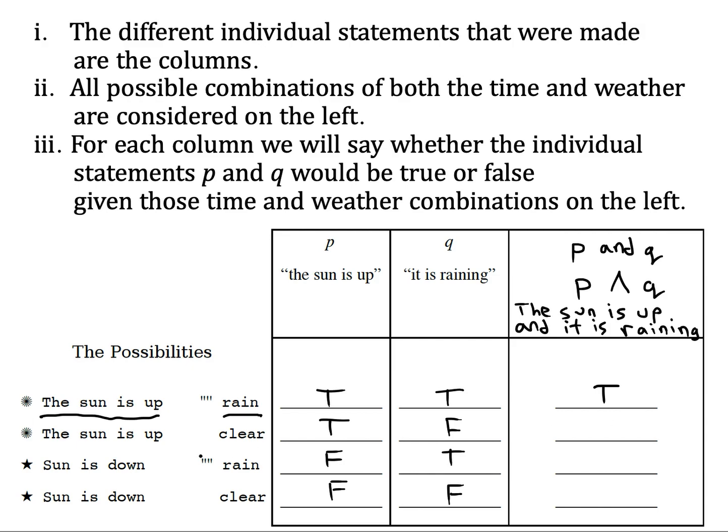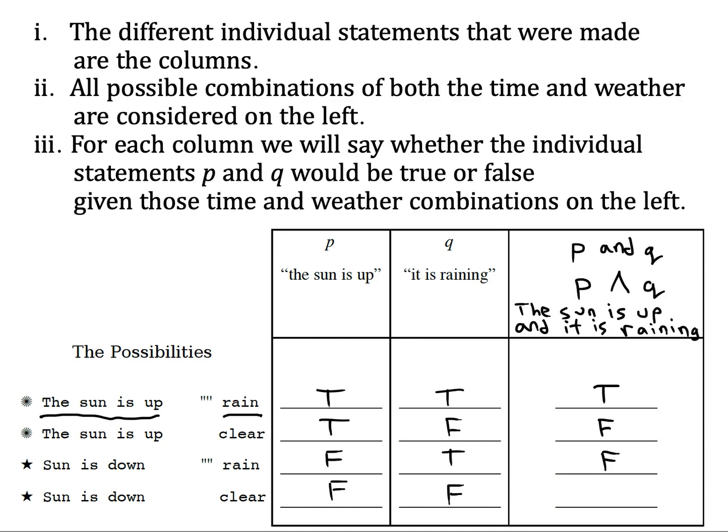But let's say it was a clear day and I said, the sun is up and it's raining. Even though I told the truth about one of the things, I lied about the other. And for that reason, we would say that the overall and statement was not true. On a rainy night, similarly, if I say the sun is up and it is raining, because I lied about the first thing, even though I was right about the rain, the overall and statement is still false.